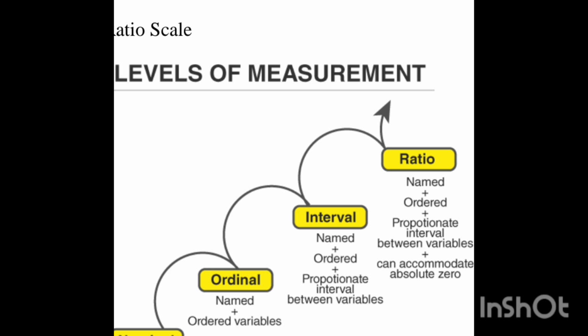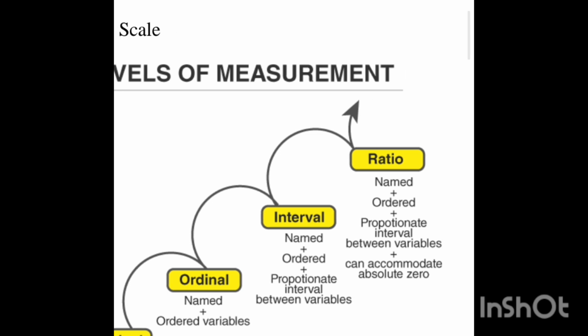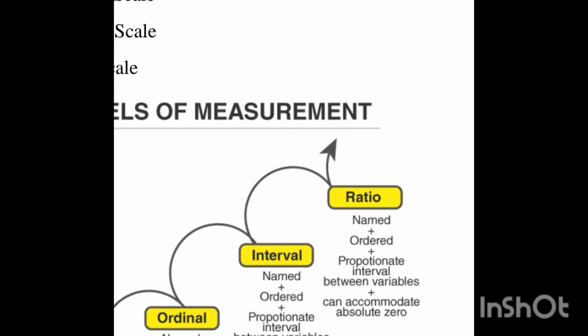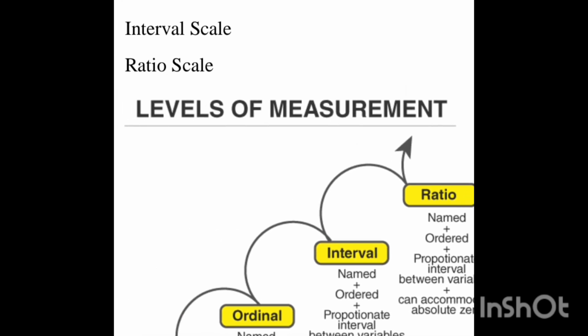Next, coming to the interval, named, ordered, and it is not containing the 0. It is not starting at the values with the 0. Here you can make comparisons. This is also called numerical quantitative data. Here ordinal is qualitative. Next, nominal is just only the names.